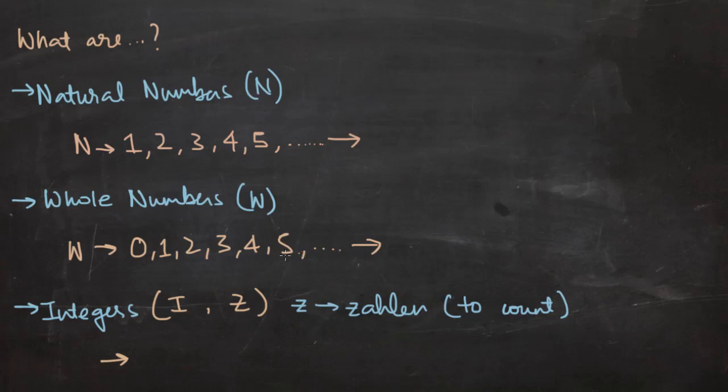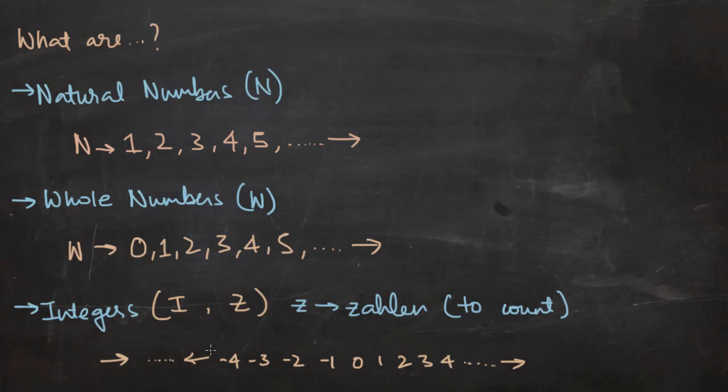So what are the set of numbers that make up the integers? Similar to the whole numbers, now we extend this set to the left. That is, we include all the negative numbers. So starting from negative 4, negative 3, negative 2, negative 1, 0, 1, 2, 3, 4 and so on, extending to the right.